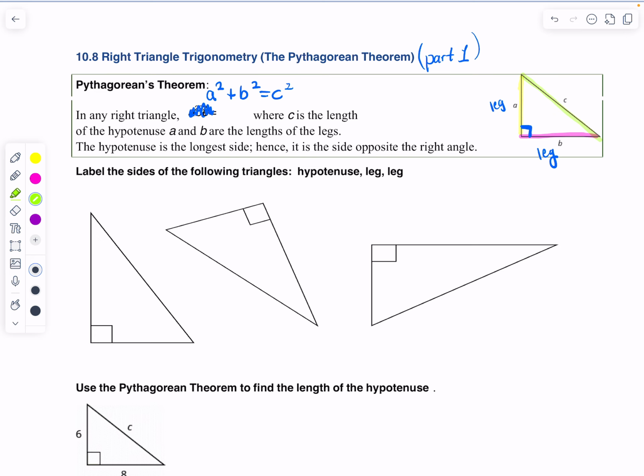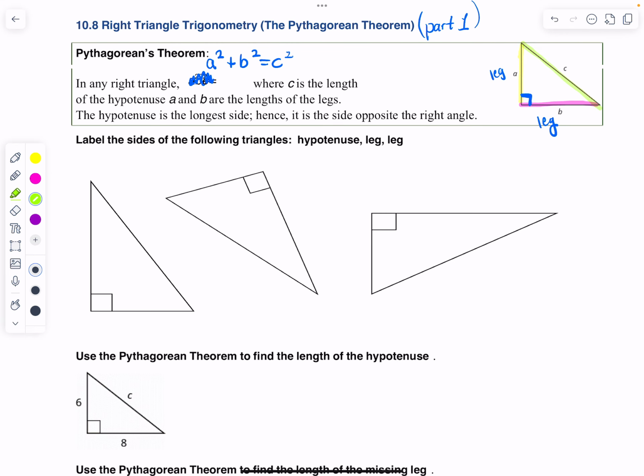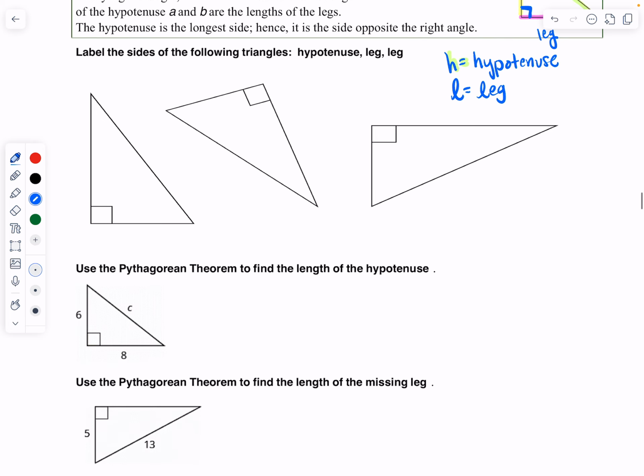Okay, so we're going to label the sides of the following triangles: hypotenuse, leg, leg. I'm going to let H equal hypotenuse, and I'm going to let L equal leg. So if I look at the first triangle here, again, the legs are the ones that compose that right angle, and the hypotenuse is always across from that right angle, and it's the longest side.